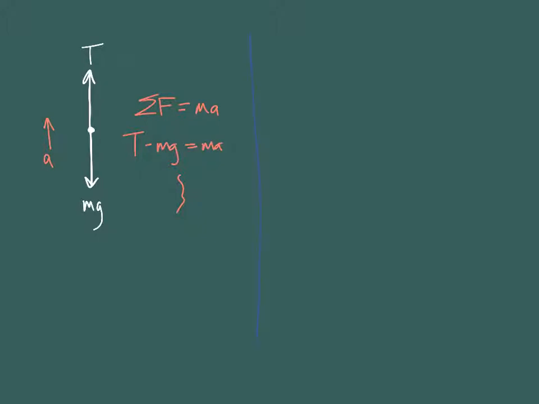Problem number 3 deals with a couch, a lovely couch that somebody leaves out on the curb. So here's a couch, which I will model with a block. It's a 100-kilogram couch.